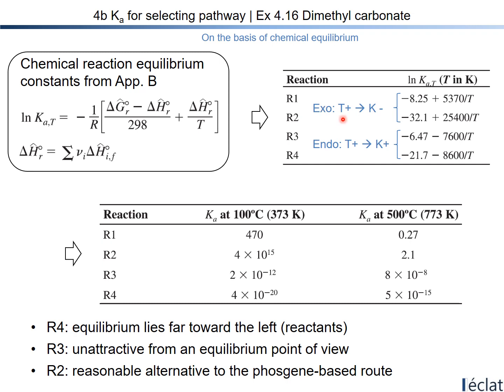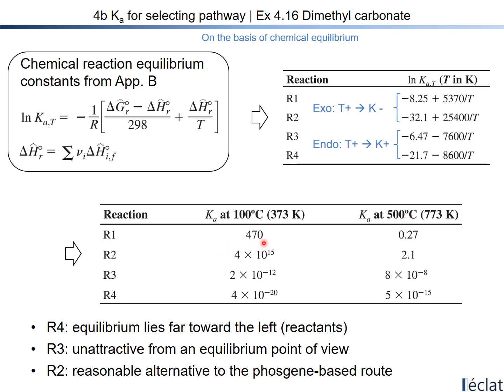So it means at higher temperature, the equilibrium constant is going down for reaction 1 and reaction 2. And reaction 3 and reaction 4 are endothermic. So at higher temperature, we could have very high values of equilibrium constant. That is our expectation. Anyway, let me calculate those equilibrium constants at 100 Celsius degree and at 500 Celsius degree.